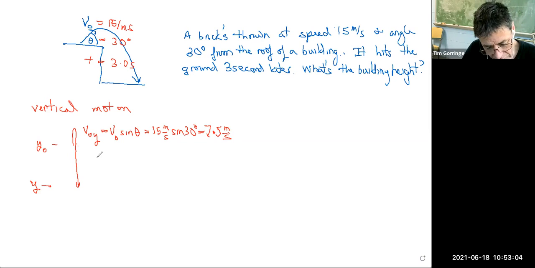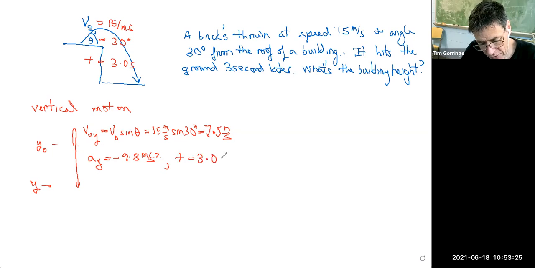I know that quantity. I also know the acceleration in the vertical direction. That's downwards, 9.8 meters per second squared. That's the acceleration of gravity. And then finally, I also know the elapsed time for the journey.